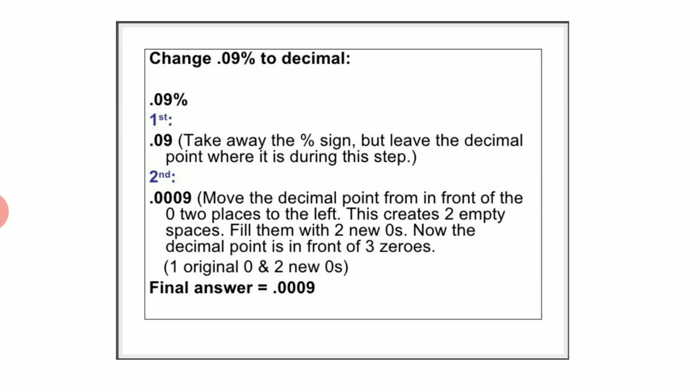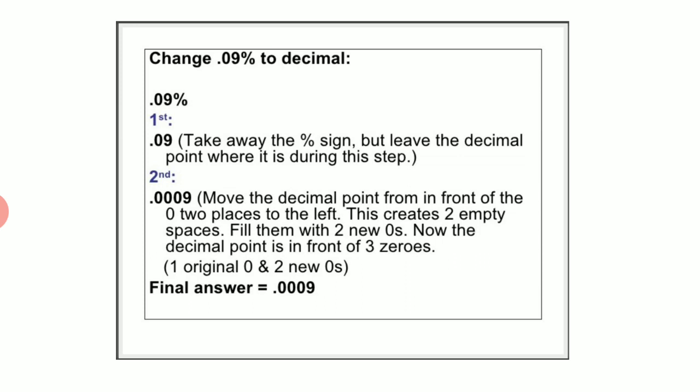When we change 0.09% to decimal, the percentage sign comes out and it becomes 0.09. We take away the percentage sign but leave the decimal point where it is during this step. In the second step, move the decimal point two places to the left.